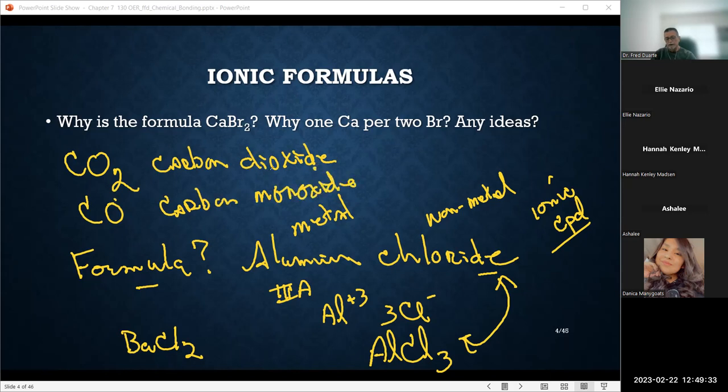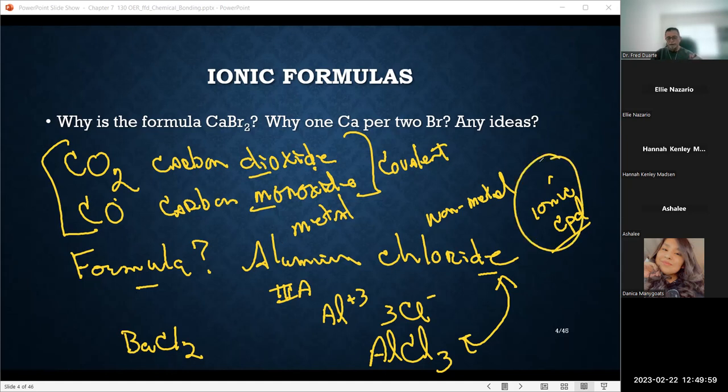Okay. Note that when we're dealing with covalent compounds, and this is a precursor to what we're going to talk about in a bit, when we start naming them, covalent compounds use prefixes: mono, di, tri, tetra, etc. With ionic compounds, no prefixes.